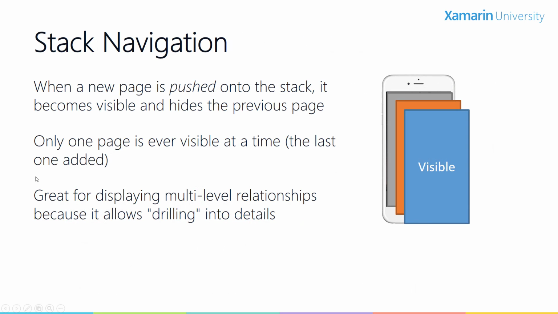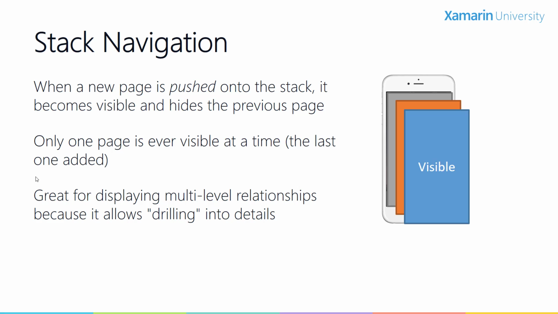The term stack navigation gives a lot away about how it's actually implemented. It's being implemented by an internal stack, so we use terms like push and pop for insert and remove. In stack navigation, when you push a page onto the stack, the topmost page is always the visible page.